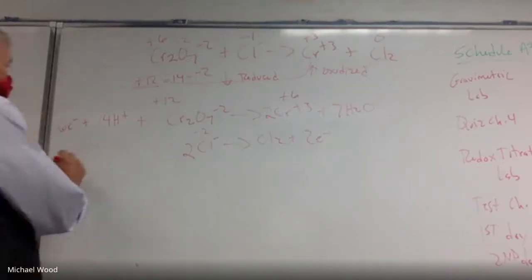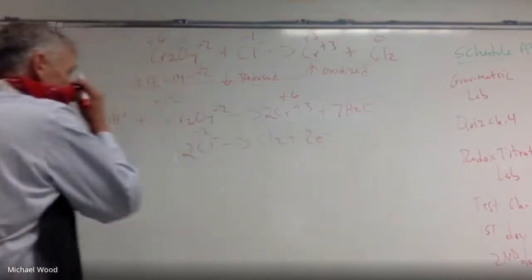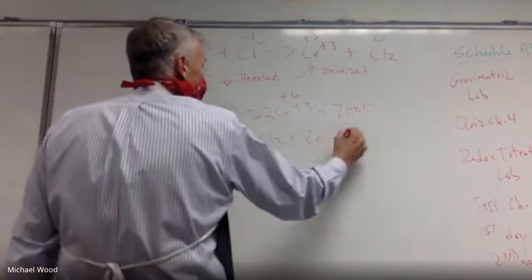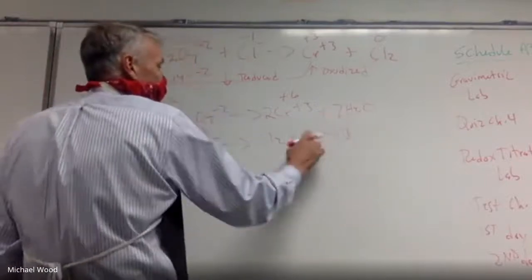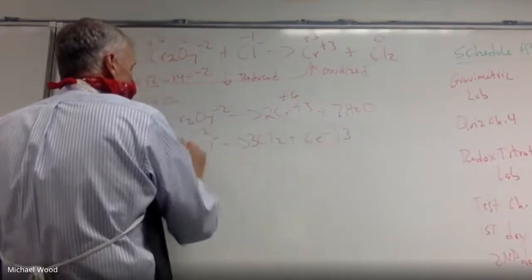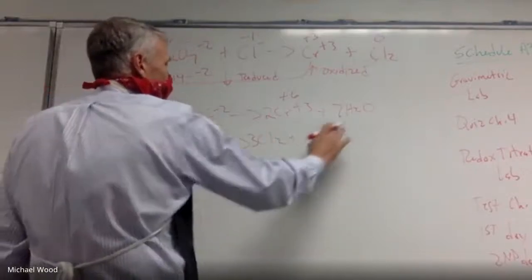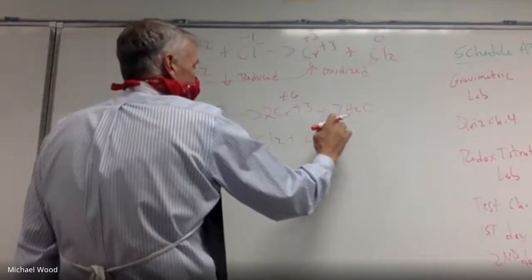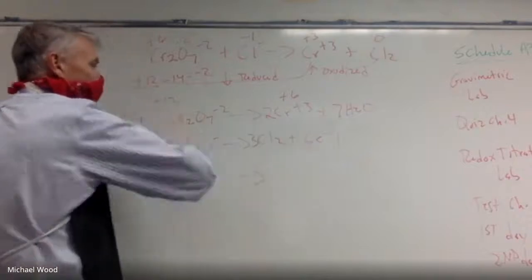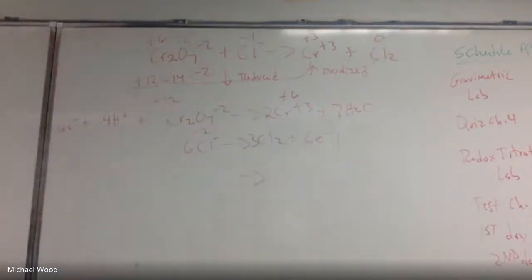So to get the electrons equal, if I have 6 here and 2 here, I'm going to multiply this through by 3. 3 times 2 is 6. The 3 goes here, 6 there. The reason I did that was to get 6 electrons, so I have equal electrons on both sides.